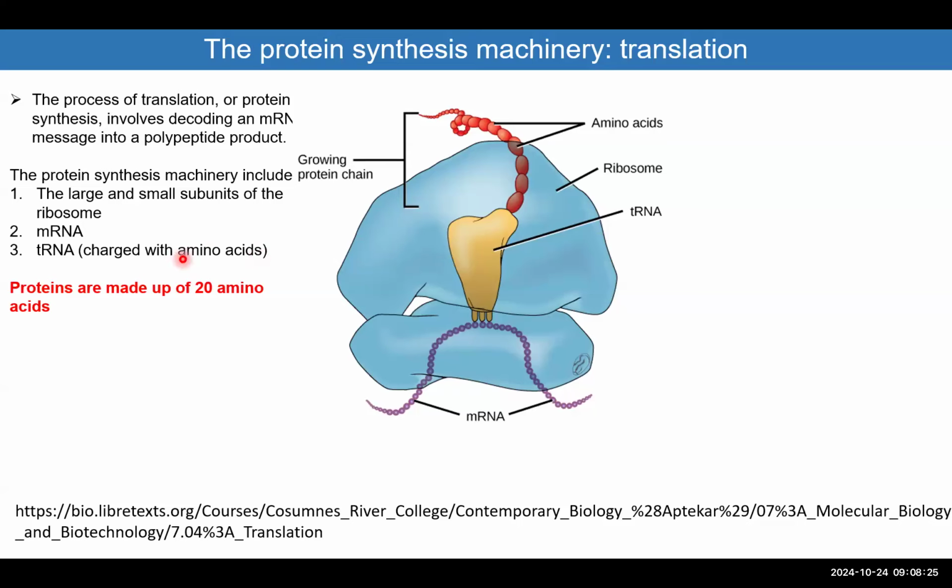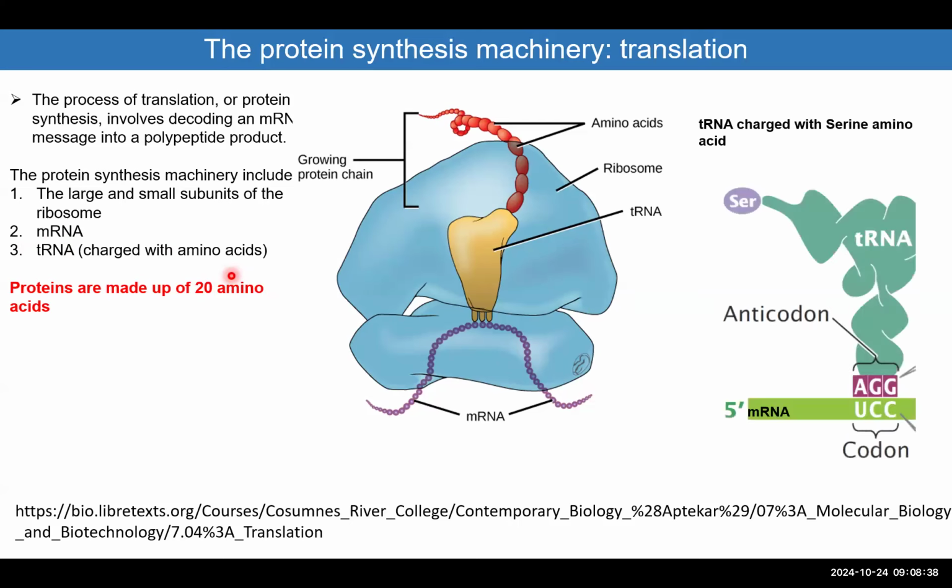You can imagine that you have at least 20 different combinations of that, because each transfer RNA holds one amino acid. As an example, this transfer RNA is charged with the amino acid serine.